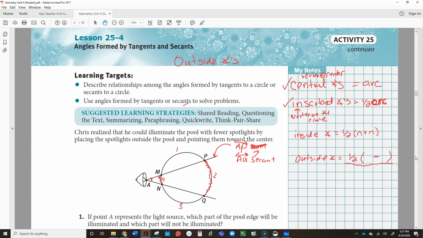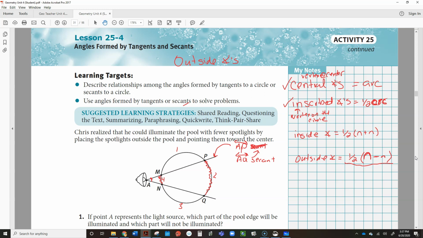So when we subtract something and we want the value to be positive, what has to be true about the order? You have to be sure that you have a big number and we're subtracting a smaller number from it. So in this case, we're going to subtract a big arc and then a little arc.